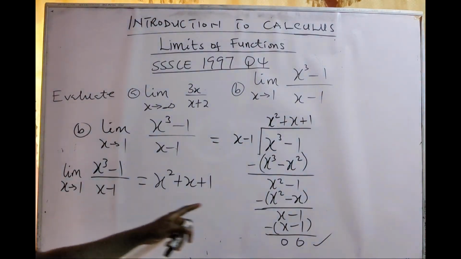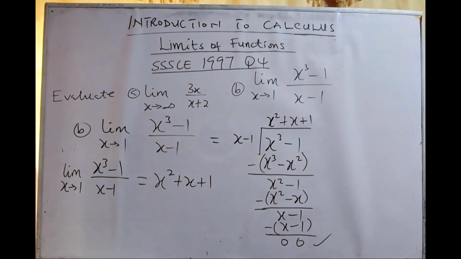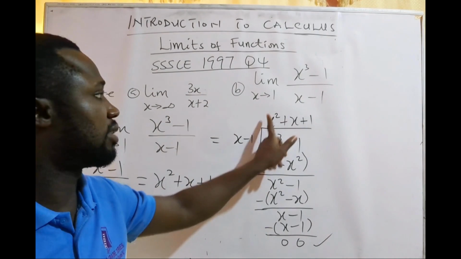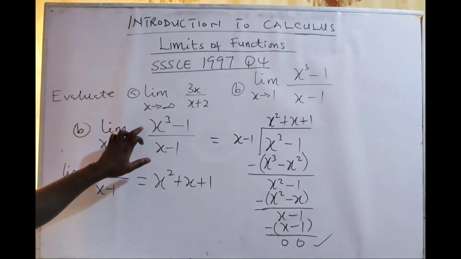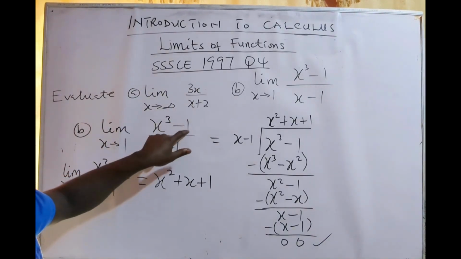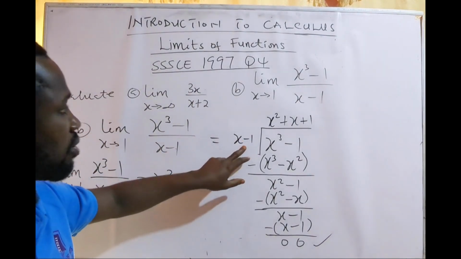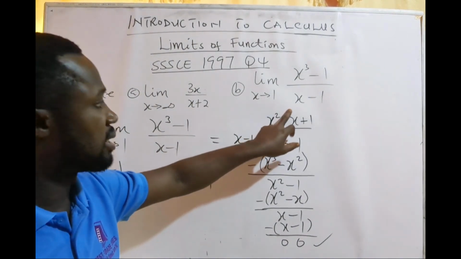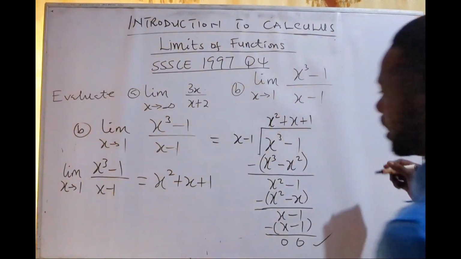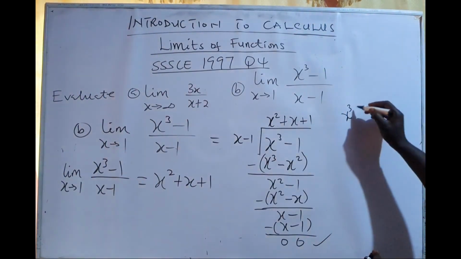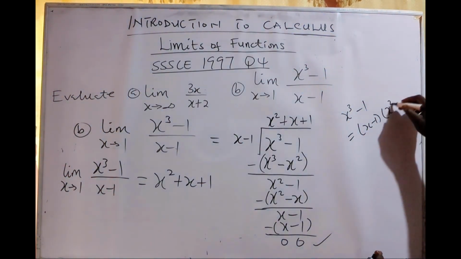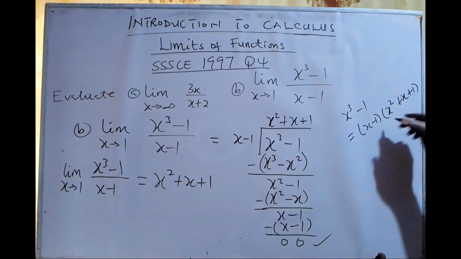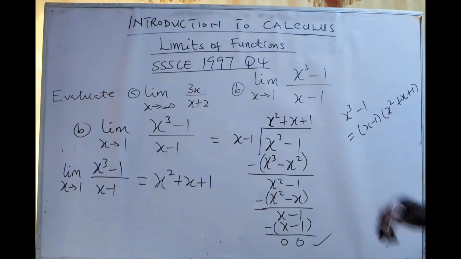It means that when you multiply this by this function, we are going to get x cubed minus 1. So the factorization of x cubed minus 1 is x minus 1 times x squared plus x plus 1. If you expand this, we are going to get something like this.